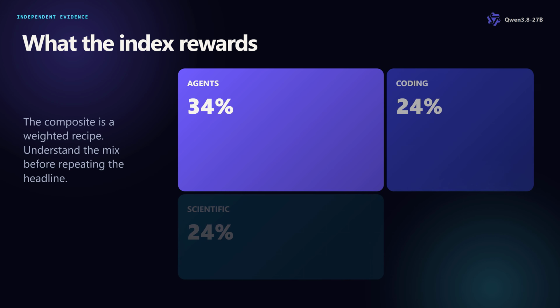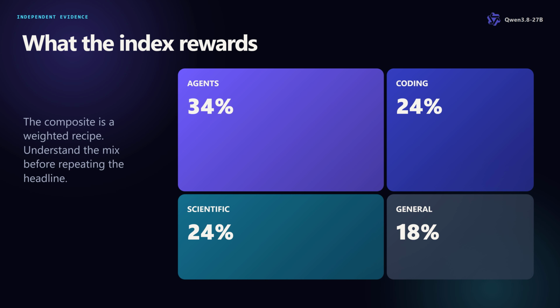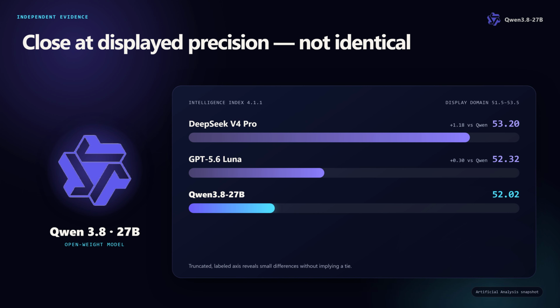The index also favors Qwen's strengths. Agents carry 34% of the score, coding 24%, scientific reasoning 24%, and general evaluations 18%. Nearby composite scores are 53.20 for DeepSeek V4 Pro and 52.32 for GPT 5.6 Luna at maximum effort.